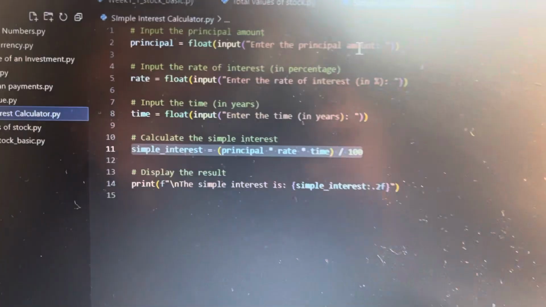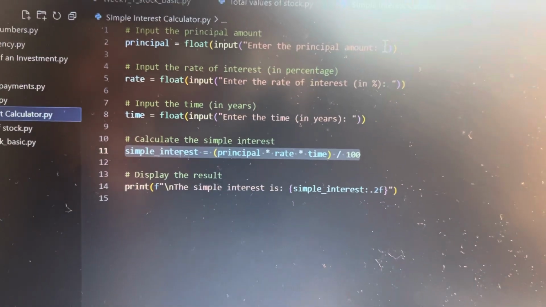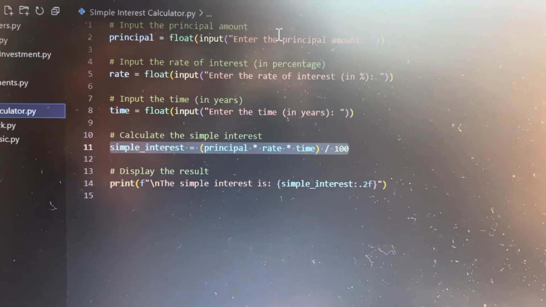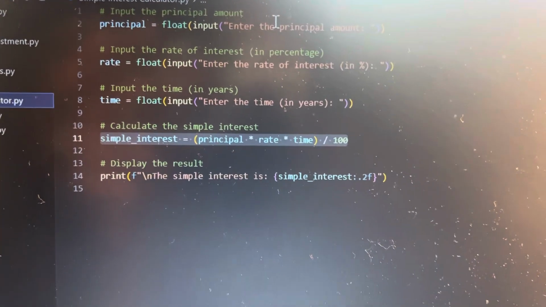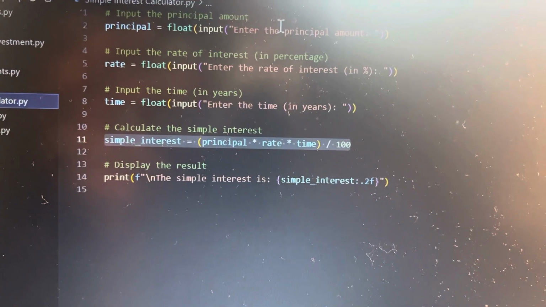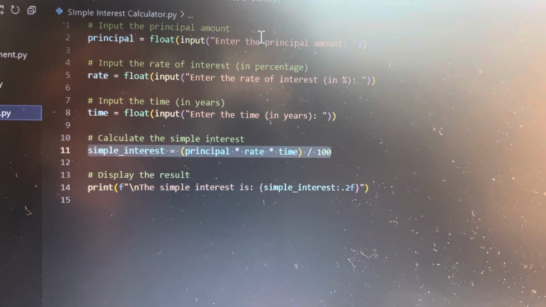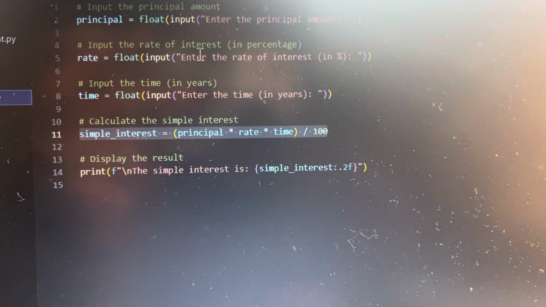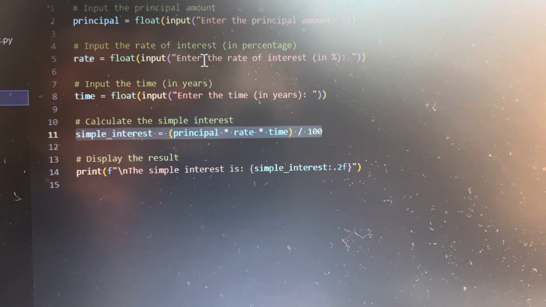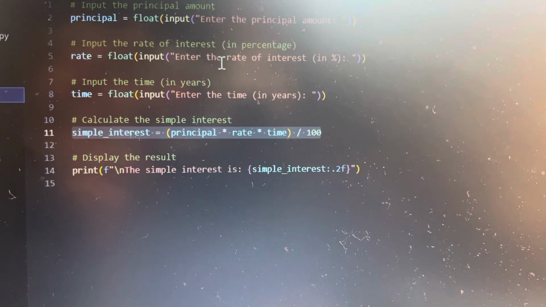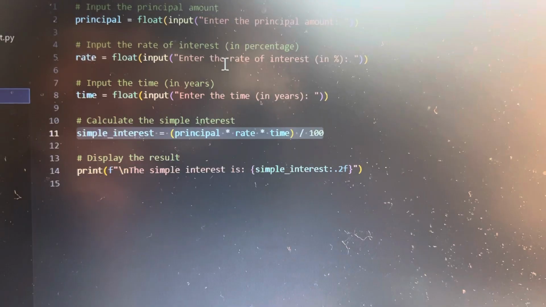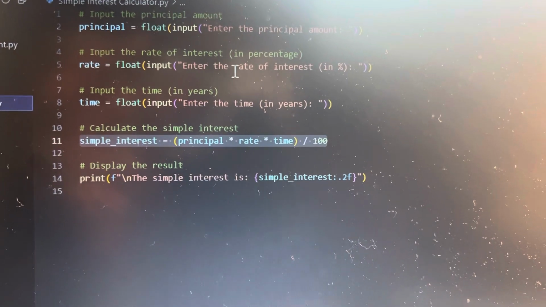Line 2 prompts the user to enter the principal amount, and then that amount is converted from a string into a floating point number. For line 4, it prompts the user to input the rate, and that is converted into a percentage through the floating point number.